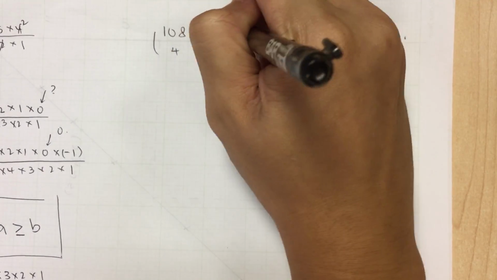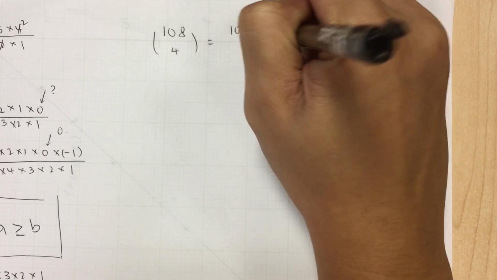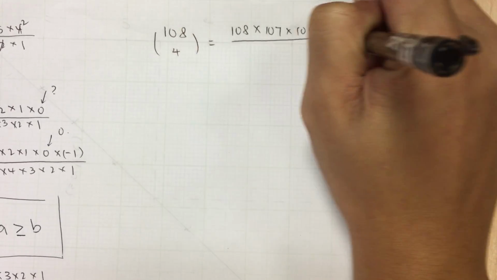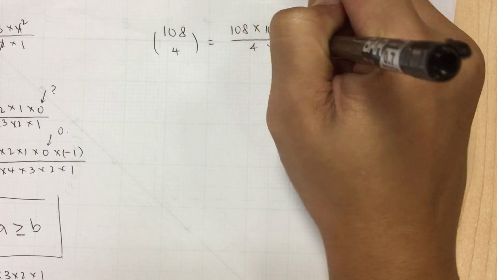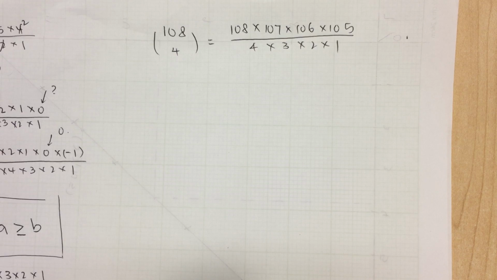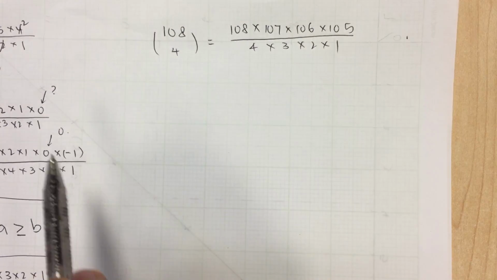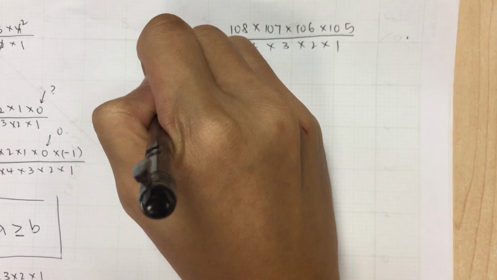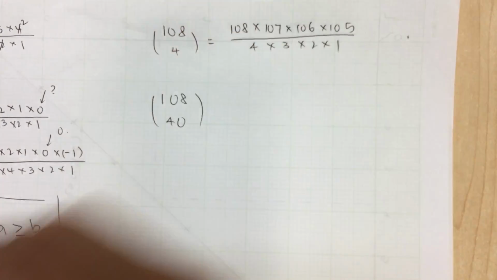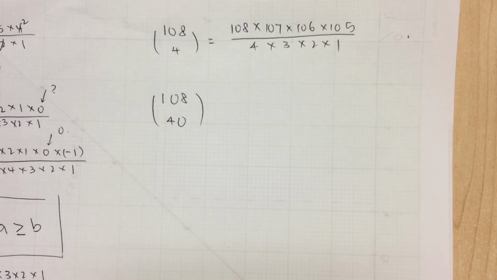So I'm going to have 4 items, followed by 4 times 3 times 2 times 1. So that's not a problem. I don't need to evaluate, I just need to write this down. Next one. Let me give you 10 seconds to write this down.